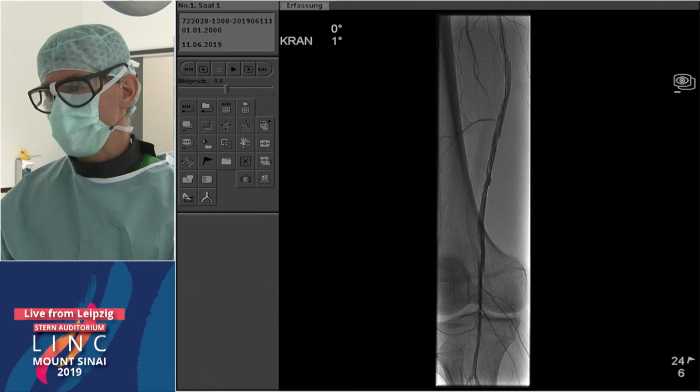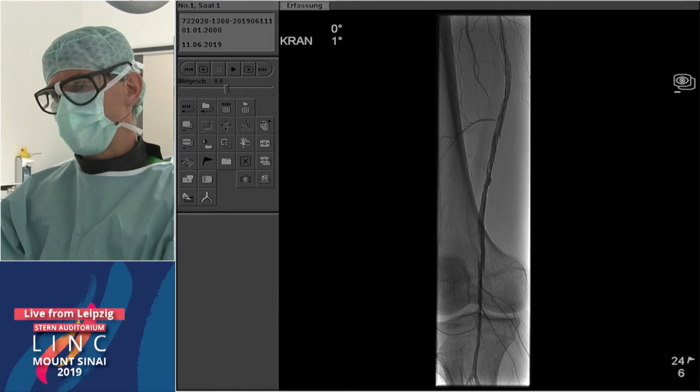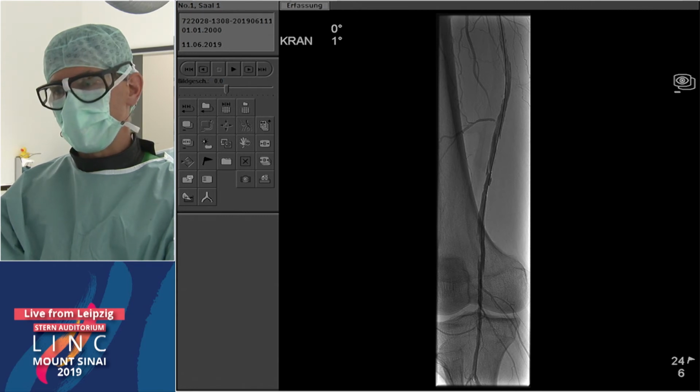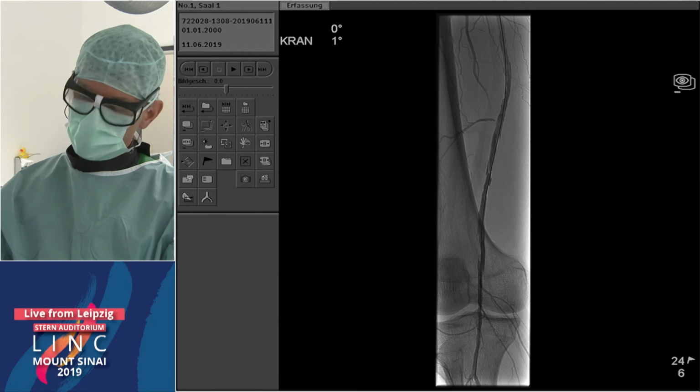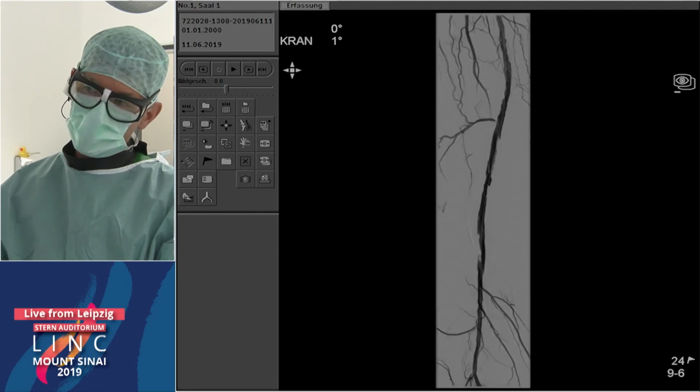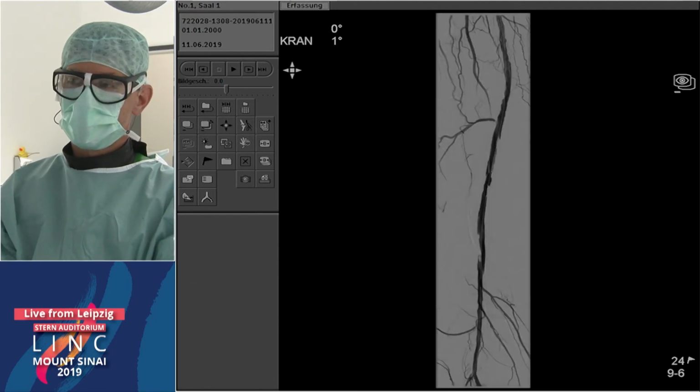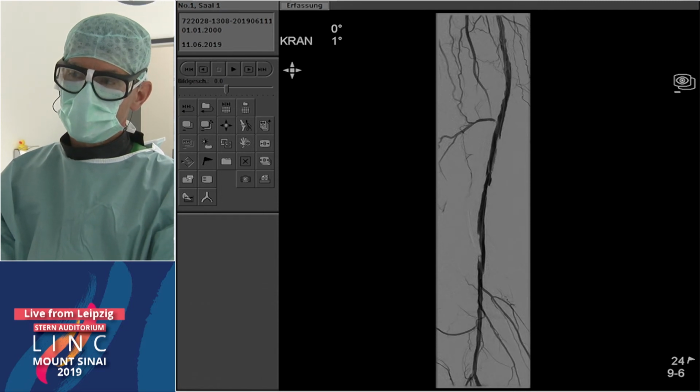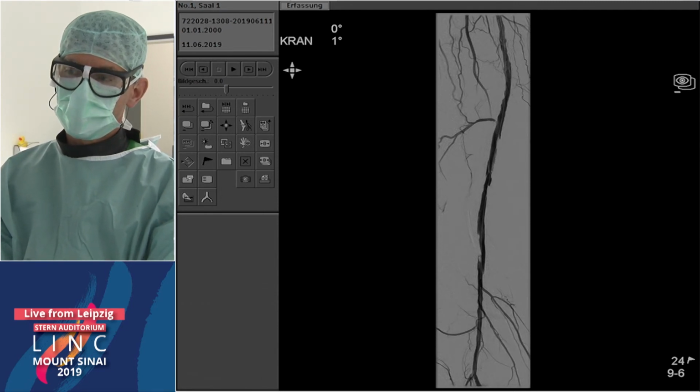If not, if restenosis, maybe a good case then for an atherectomy to try once again to come along without stenting.